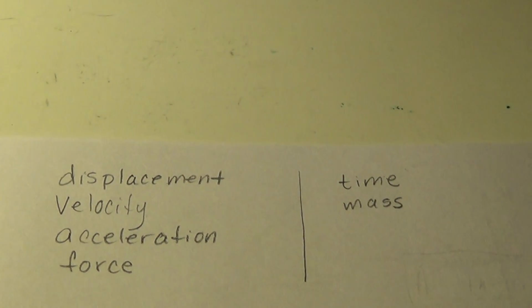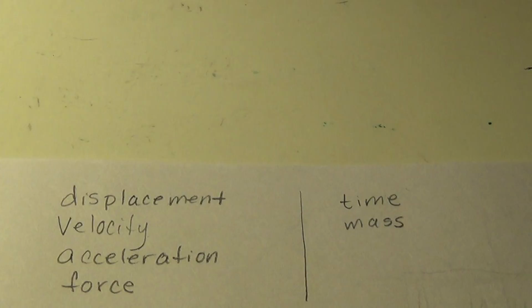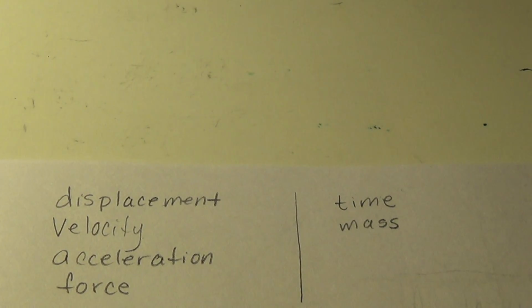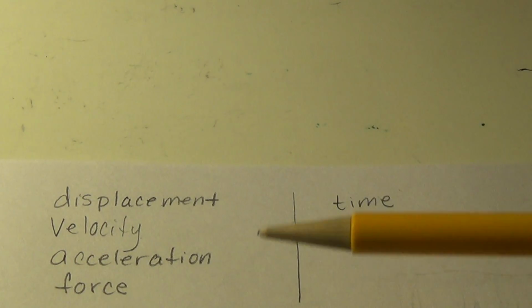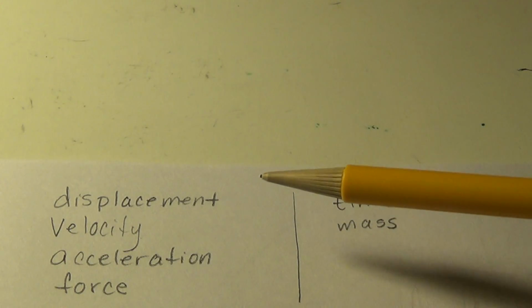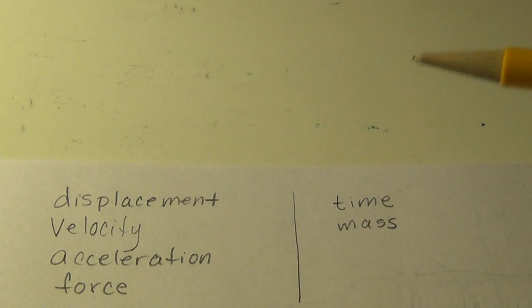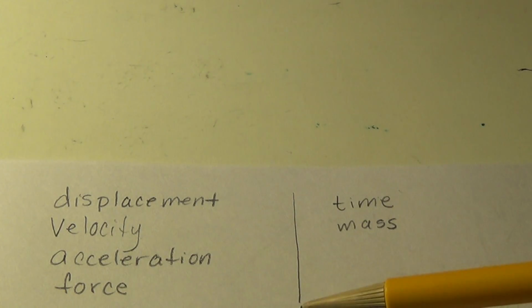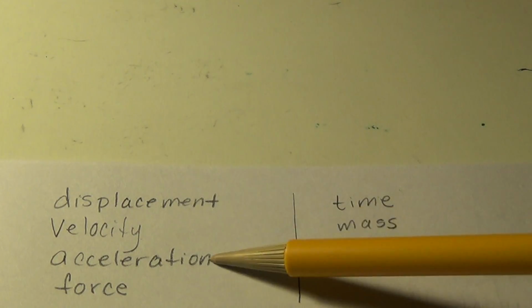I'll tell you what the topic is in just a minute, and part of it will come from observing these two lists. Those who've had physics recently or are having it now will have an advantage. Notice these quantities and these quantities separated by this line. What separates these two quantities?